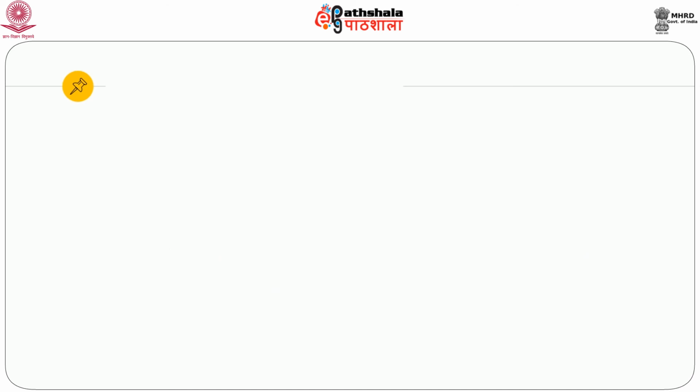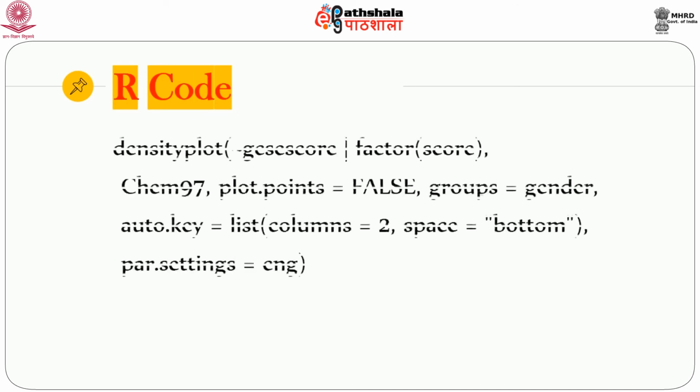So now let's try to find the ways to apply this setting that we have just made. We have made it to apply it for here, right? To change the group colors, one just needs to change the par.settings argument. Here, since we have stored the transformed details in CNG, we are specifying par.settings equals CNG, and then we are tuning the other arguments of the density plot function based on the arguments gathered so far.